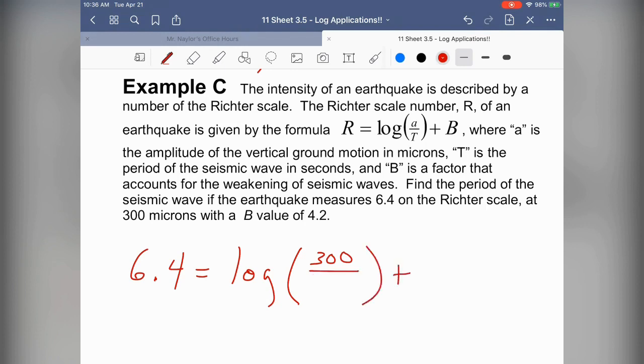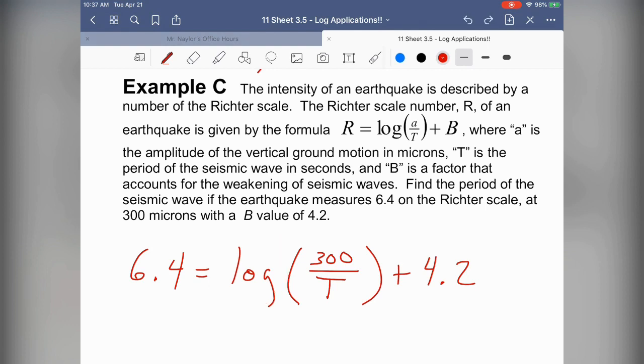And then we've got this 4.2 number, which again essentially is like a shift. It's just adding to your logarithm. So what are we trying to find? Well, of course, we're trying to find the period. We're trying to find the distance from point to point. But look at where the period is. It's in the denominator, and to make matters worse, it's kind of wrapped up in this log.